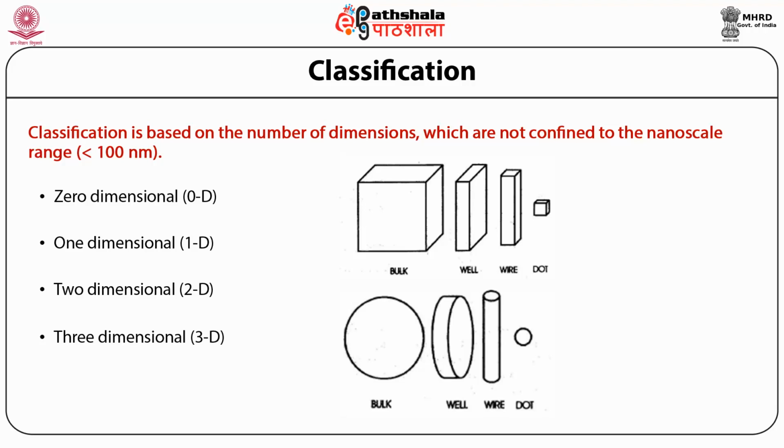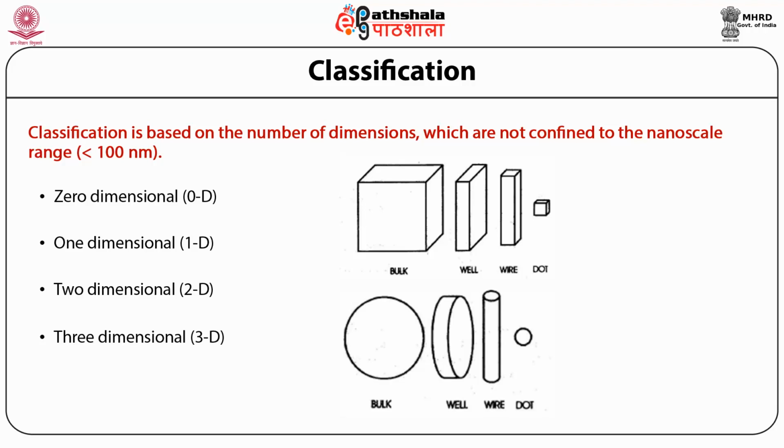Let us talk about one-dimensional objects. A cylinder-like object like a wire or tube with diameter on the nanoscale and length typically in the micrometer range is an example of a one-dimensional object. Carbon nanotube is one example in this case.